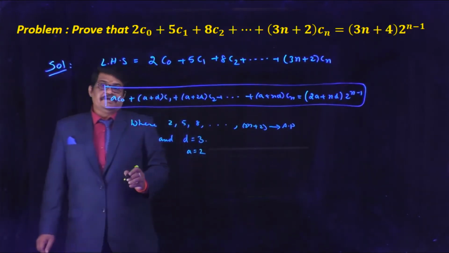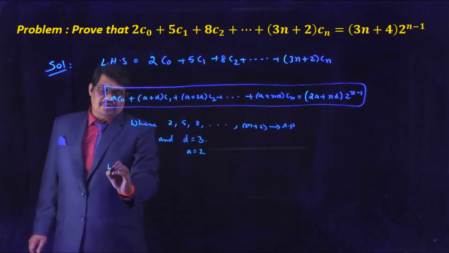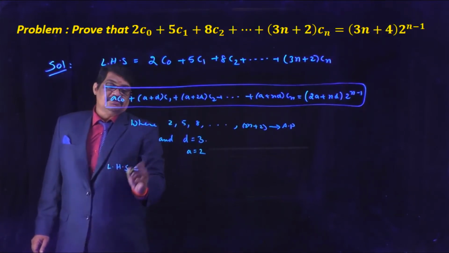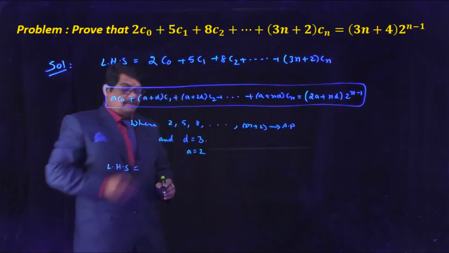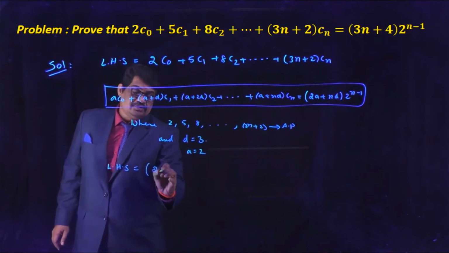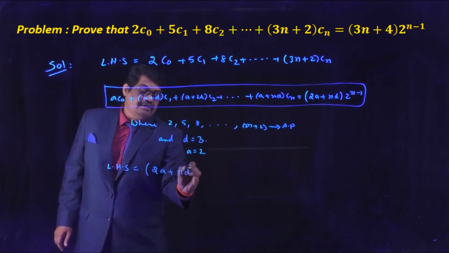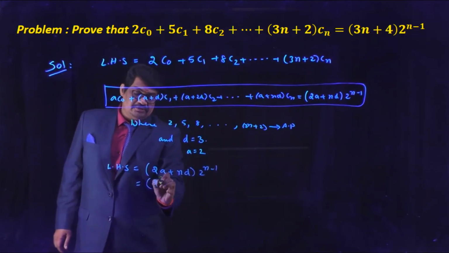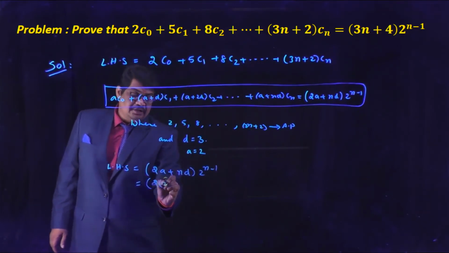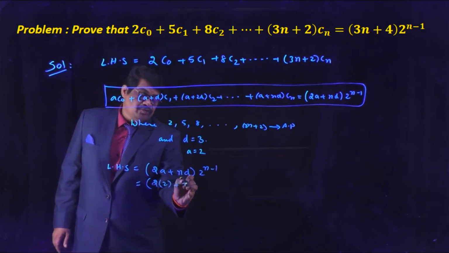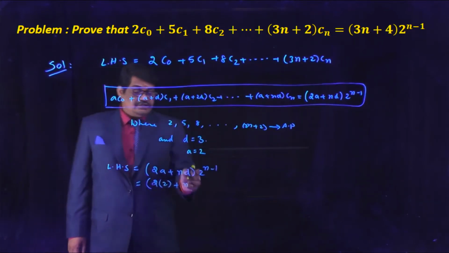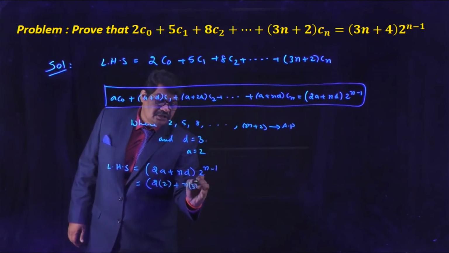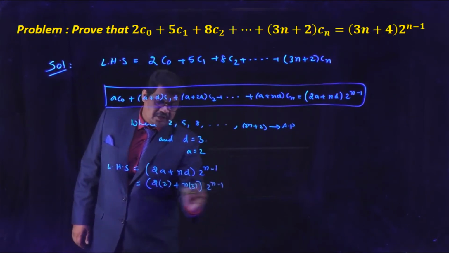Now we are writing the LHS. This series can be written as (2A + ND) into 2 to the power of n minus 1. Here that is 2 into A, where A is 2, plus n into D, where D is the common difference 3, into 2 to the power of n minus 1.